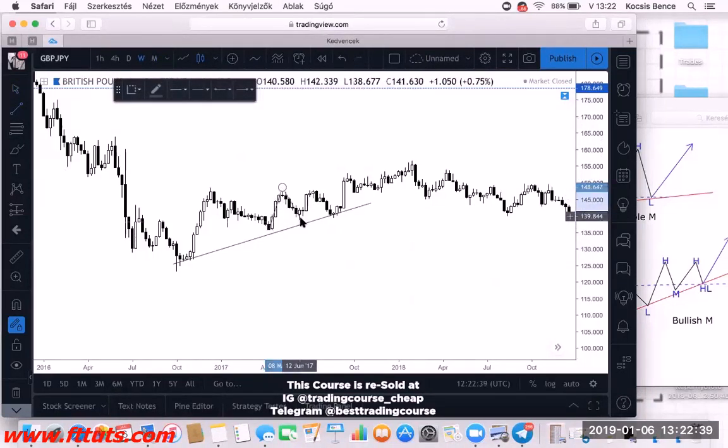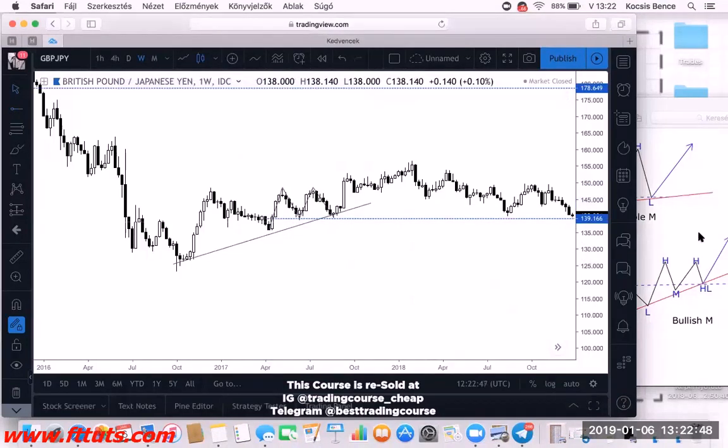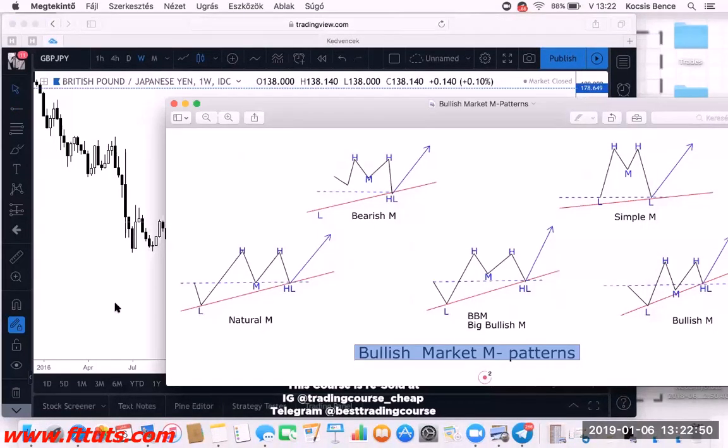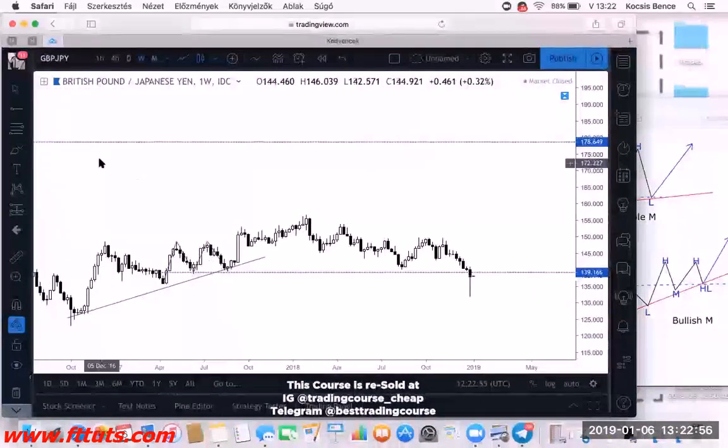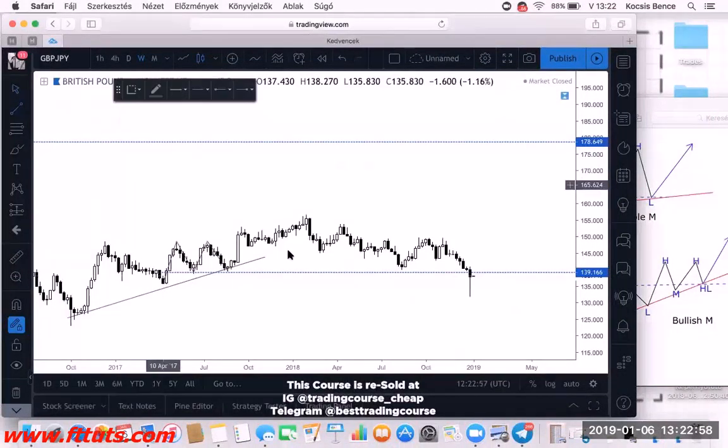Up, down, up, down. This is the natural M. Up, down, up, down.